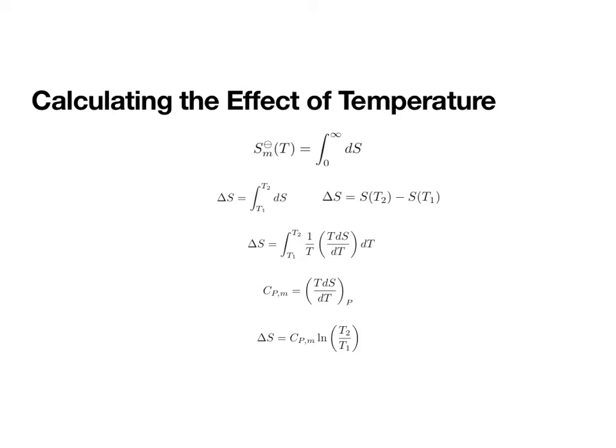We can do this by the definition that the molar entropy with respect to temperature is equal to the integral over dS. This means that delta S is equal to the integral from T1 to T2 of dS, or that delta S is equal to the entropy at T2 minus the entropy at T1. This is key.